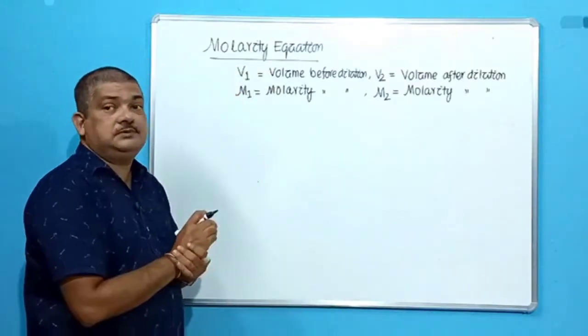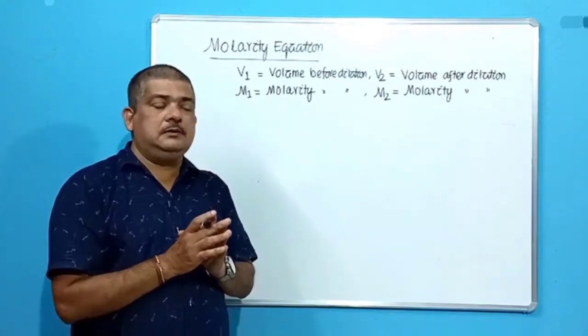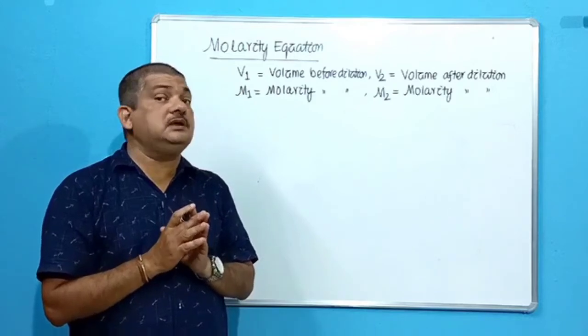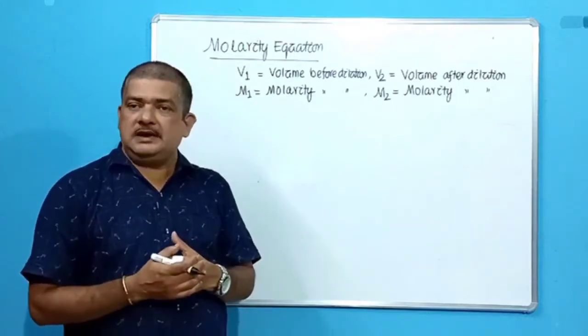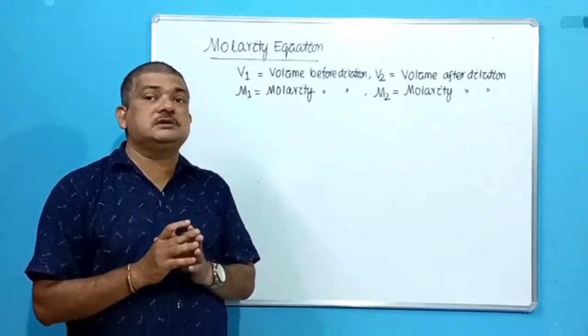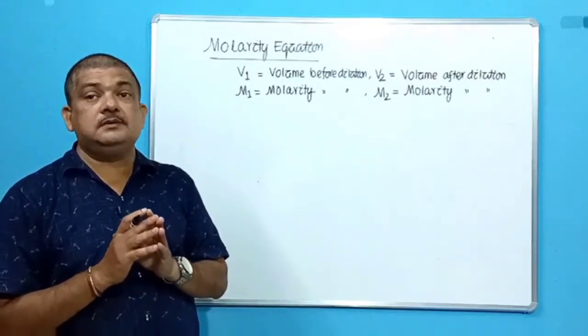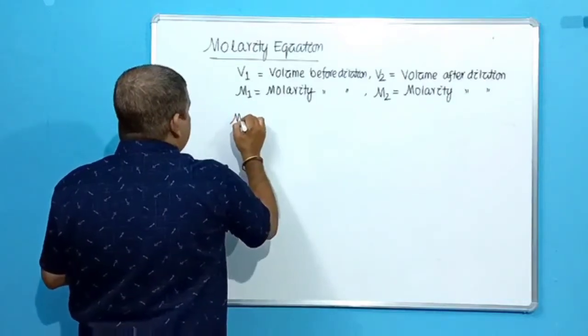Then how to find the relationship between these two? What is molarity? Once again I tell you, molarity is the number of moles of the solute present per liter of the solution. During dilution we are adding solvent only, that means the number of moles of solute remains unchanged. So coming back to the formula, what is molarity?